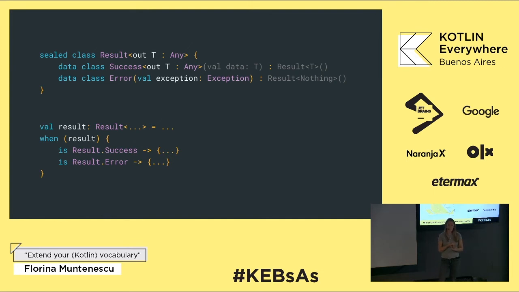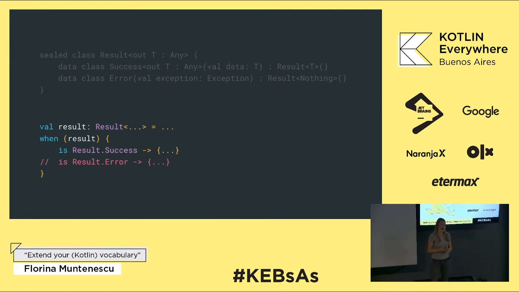But what if you want to make sure that when you're using the result, you're really treating all cases? What if, by mistake, you comment out one branch, and you want this to become an error?